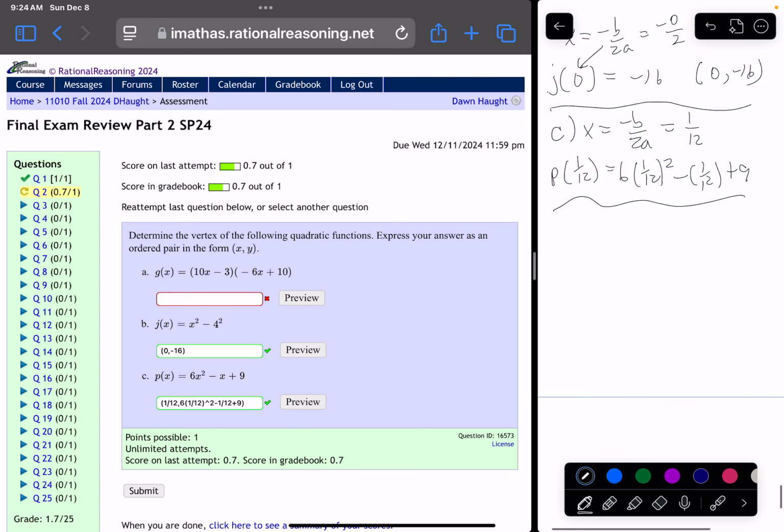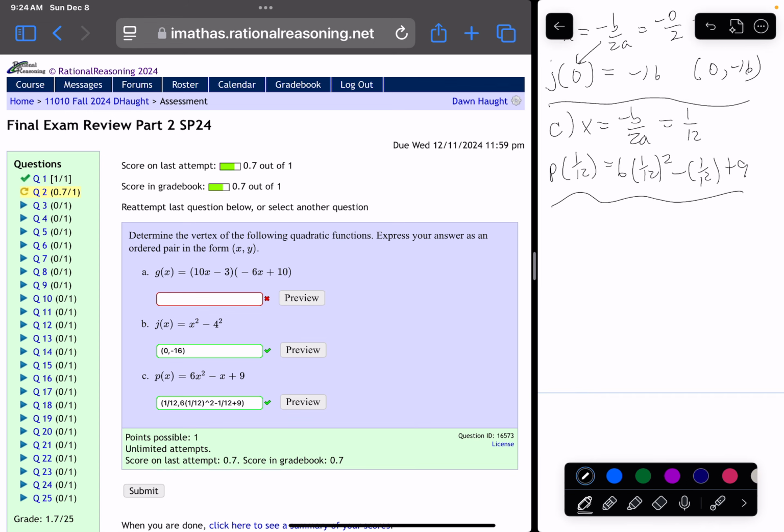Now that moves on to A. You might notice that the difference between B and C is the standard expanded form. A is in factored form. There is a way for us to use our factored form, but I think we're just going to multiply it out.